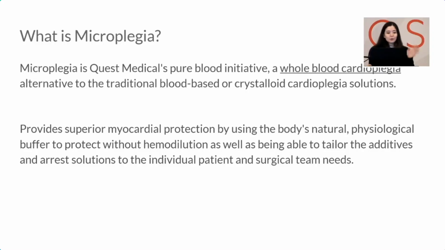So when we are talking about whole blood cardioplegia, it's removing that crystalloid portion that provides myocardial protection in other cardioplegia solutions. A big reason people would like to use microplegia is that by using blood as the sole buffer and delivery medium, in conjunction with the Quest MPS 3 delivery system, perfusionists can deliver more exact quantities of cardioplegia to arrest and protect the heart, as well as avoiding hemodilution and improving patient safety.